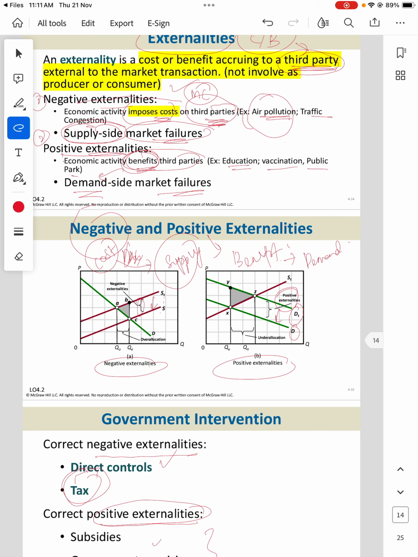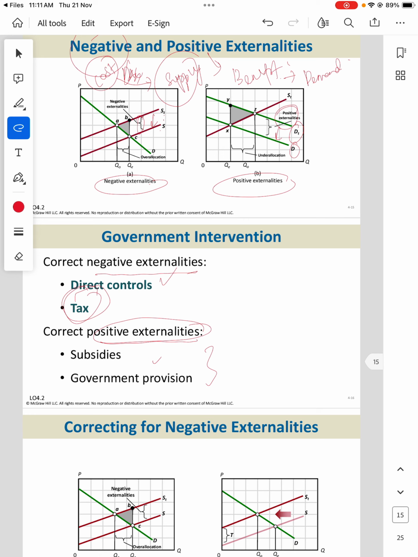When we mention positive externalities, it's benefits, right? When it's benefit, we subsidize it, to encourage it to happen in the environment. So that's the correction: subsidies and also government provisions, but the most important thing here is subsidies. When a subsidy is introduced, it will close the gap of the positive externalities.